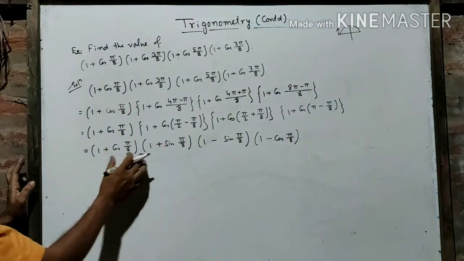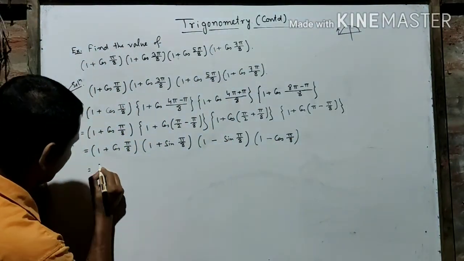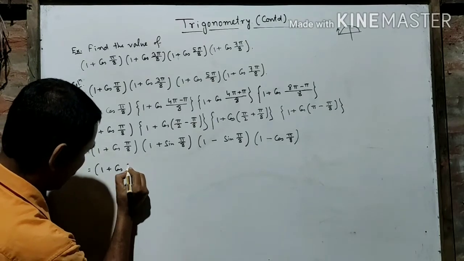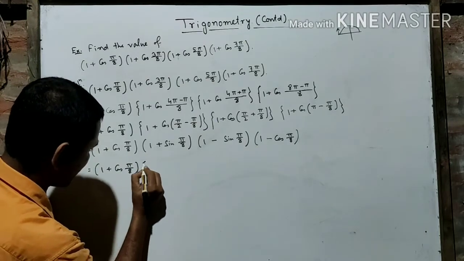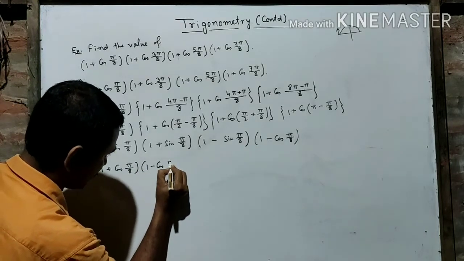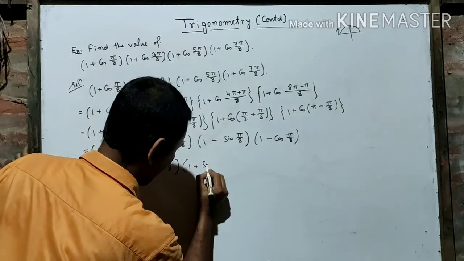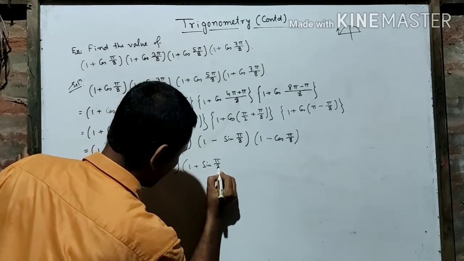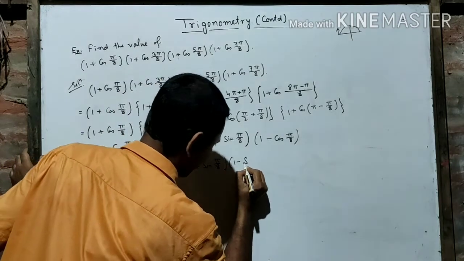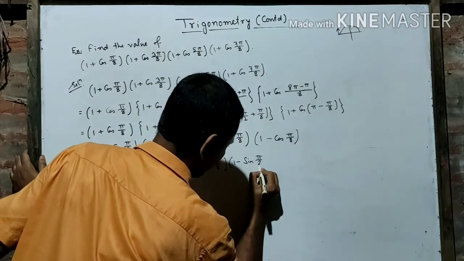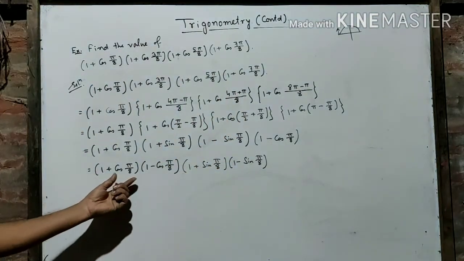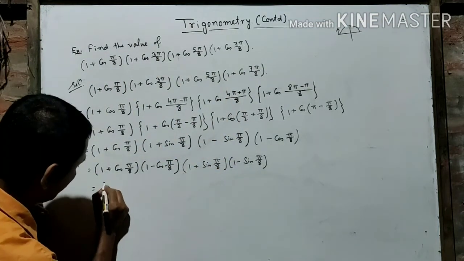Now you see 1 plus cos pi by 8 into 1 minus cos pi by 8. We arrange it: 1 plus cos pi by 8 into 1 minus cos pi by 8, then 1 plus sin pi by 8 into 1 minus sin pi by 8. So a plus b into a minus b is a square minus b square.